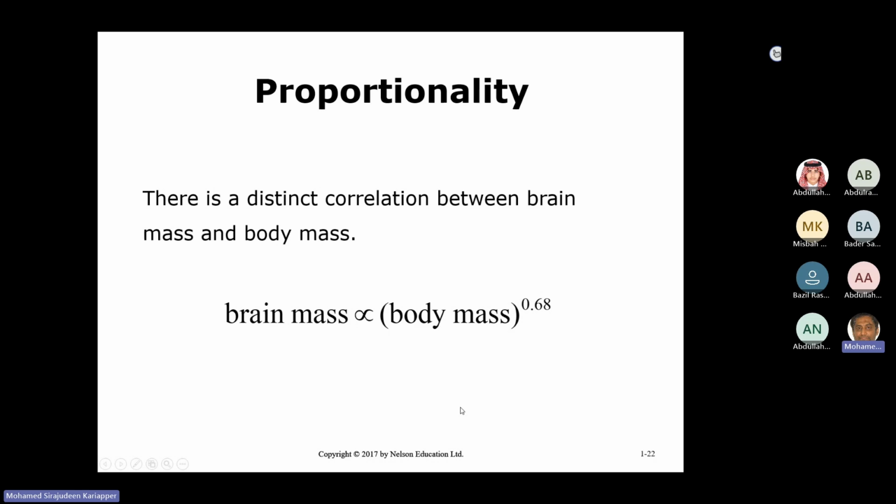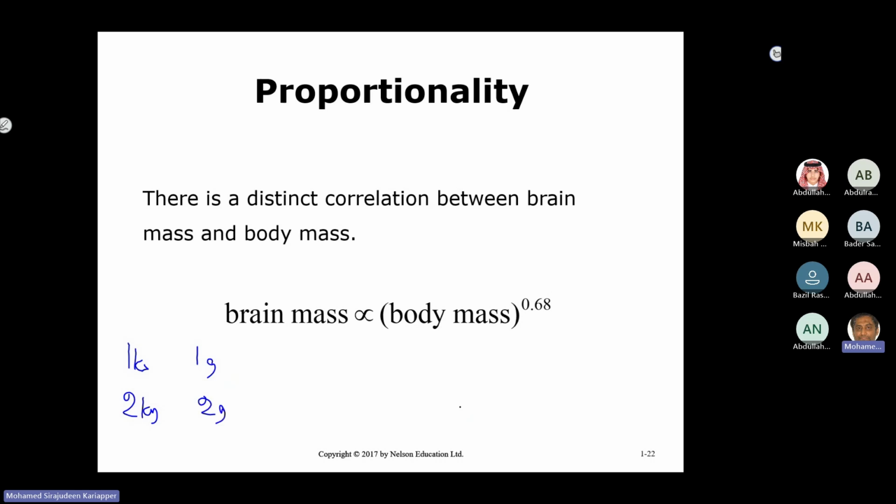What I mean by linearly is when the body size doubles, do you expect the brain size also to double? That is linear. 2 times becomes again 2 times. Suppose somebody is 1 kilogram and his brain size is 1 gram. When he becomes 2 kilogram, the brain size is 2 gram, and so on. That is linear.